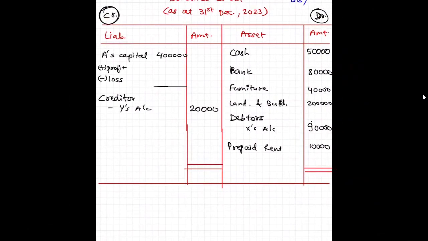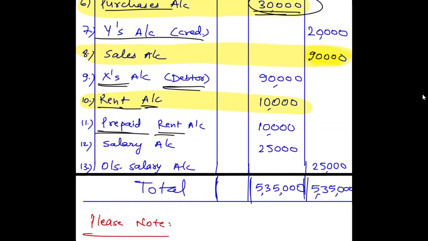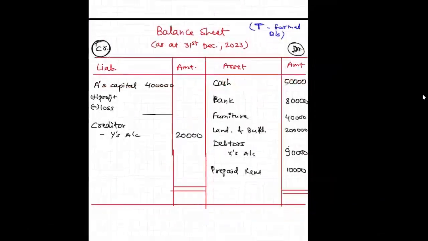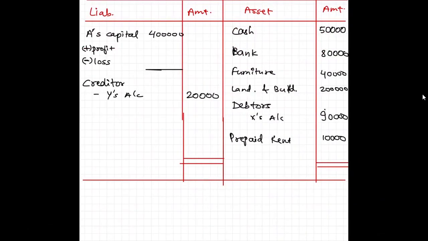Okay. Next we have outstanding salary account. This is my liability which I need to pay. So in my balance sheet, it will come as outstanding salary 25,000.